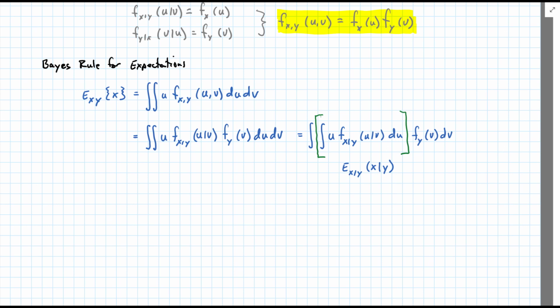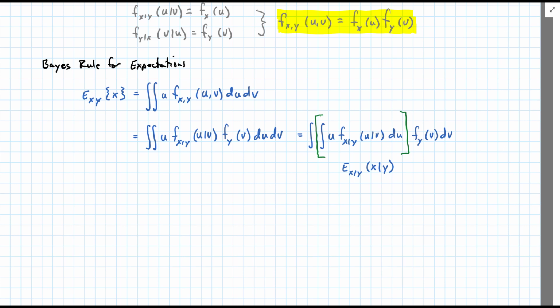We technically don't have to put in that little highlighted part there. It just helps us keep track of what PDF we're integrating against when we find the expectation. This should always be implied by the argument, but sometimes it makes things clearer.